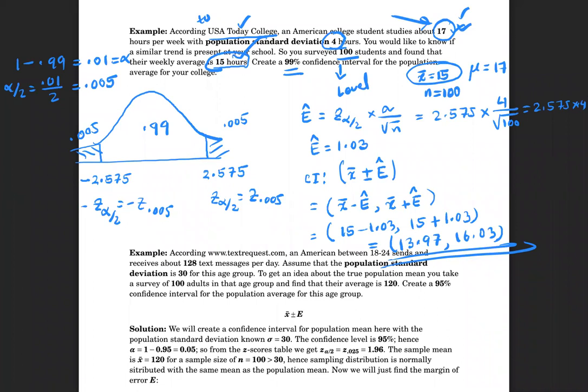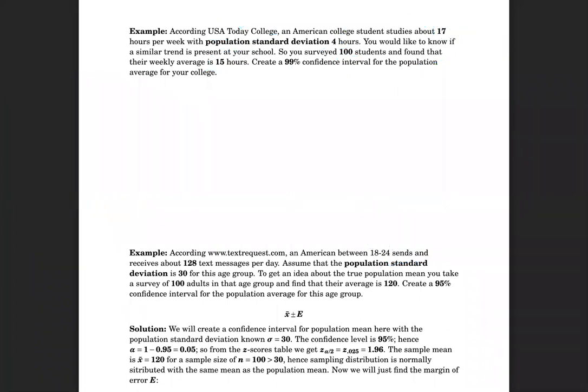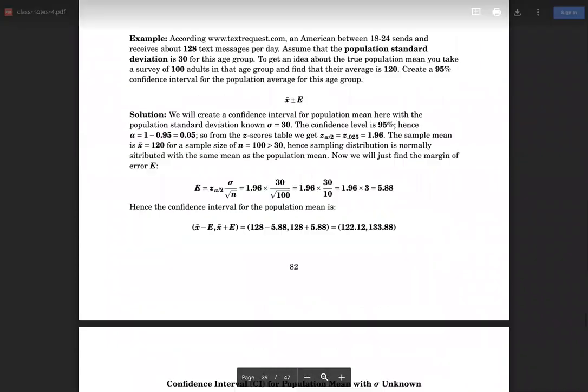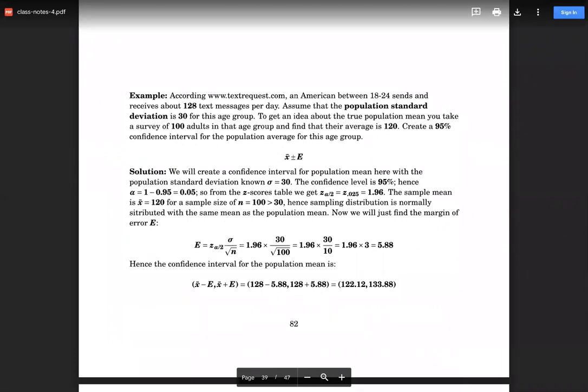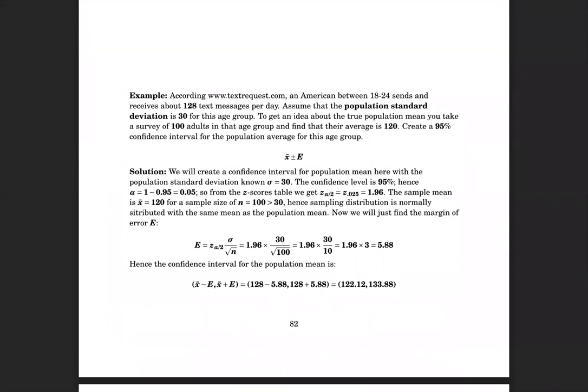Okay, let's go ahead and do the very last problem. It's already done for you, so I'll just walk through it. According to www.textrequest.com, an American between 18 and 24 sends and receives about 128 text messages per day.